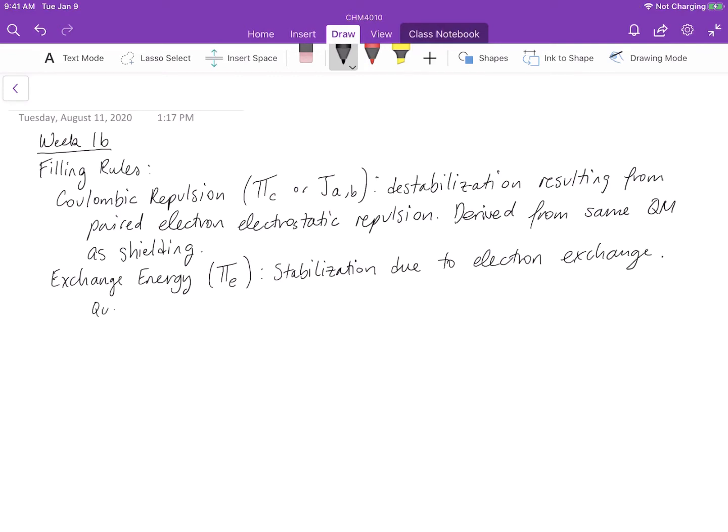The quantum effect is written with units of K. So if it's stabilization, again, that's a decrease in energy.